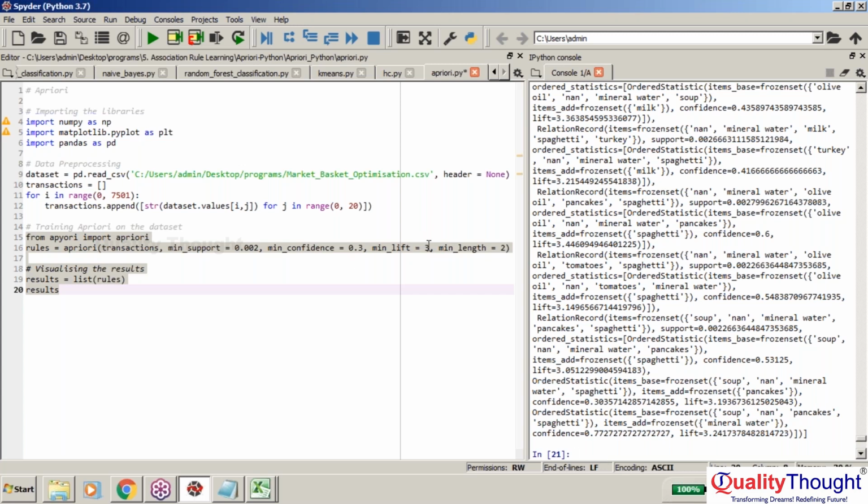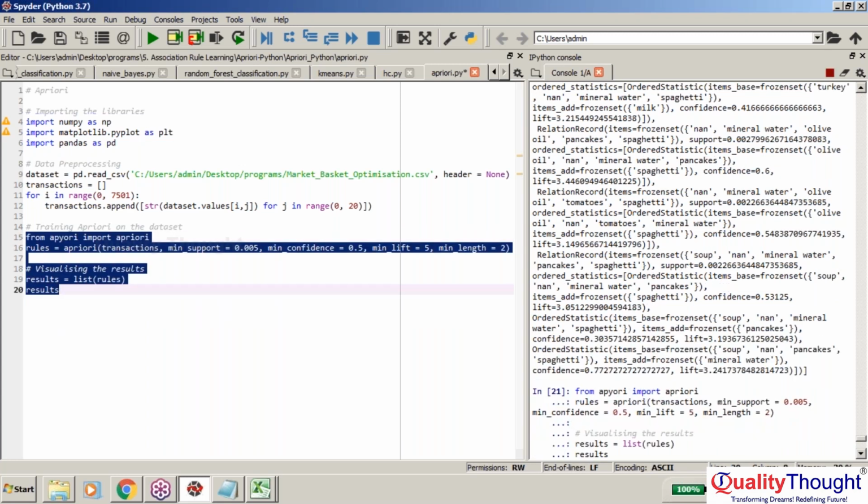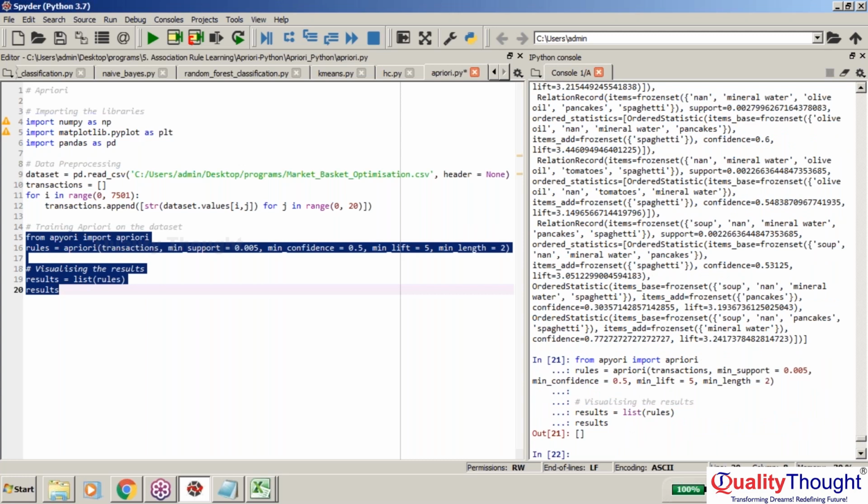So lift I'm going to provide as I told you. Let me give the lift as some 5, and even minimum confidence is 5, and also minimum support is 5. Now let me list the results. So see, this much of results are not there actually for this kind of support and all stuff.